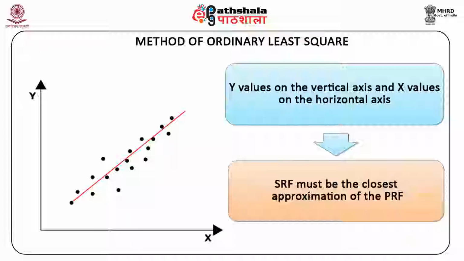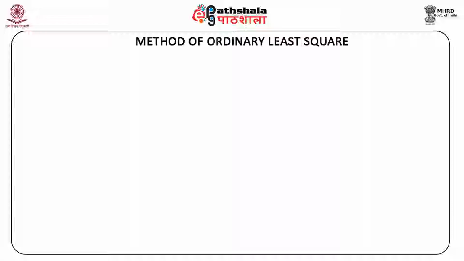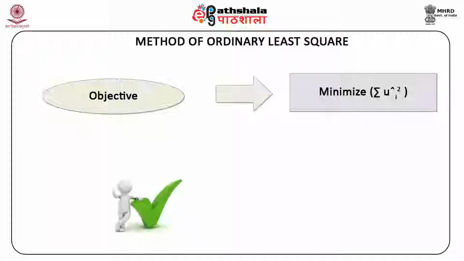The SRF must be the closest approximation of the PRF since the PRF is not directly observable. Our objective is to minimize the sum of squared residuals, that is sigma u hat i squared, as the estimators so obtained will carry the desired statistical properties.